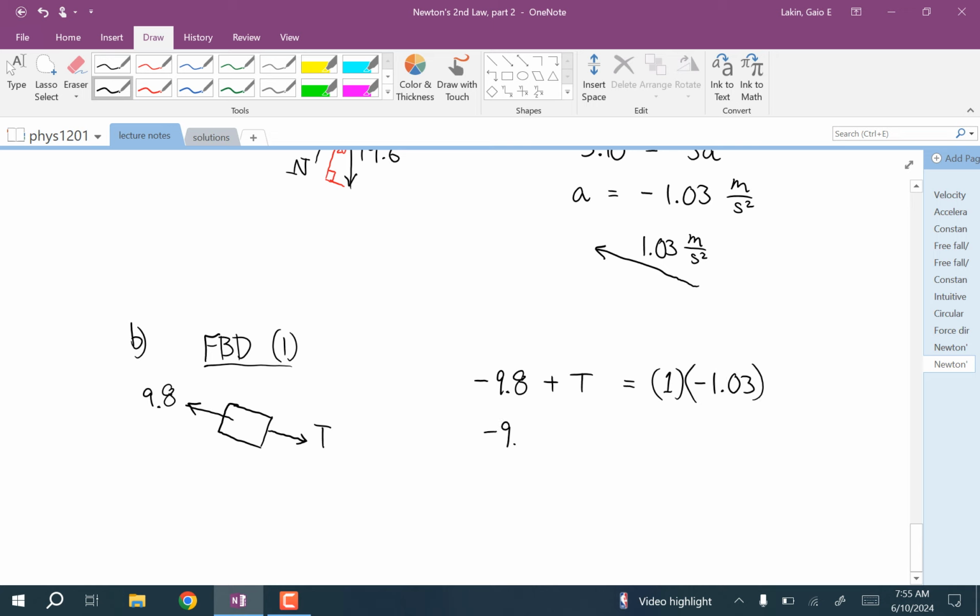So you have negative 9.8 plus T is equal to negative 1.03. And so T is equal to 8.77 newtons. Remember that cable tensions are just the magnitude of that pulling force, and so those are always going to be positive, and you don't have to give a direction for that.